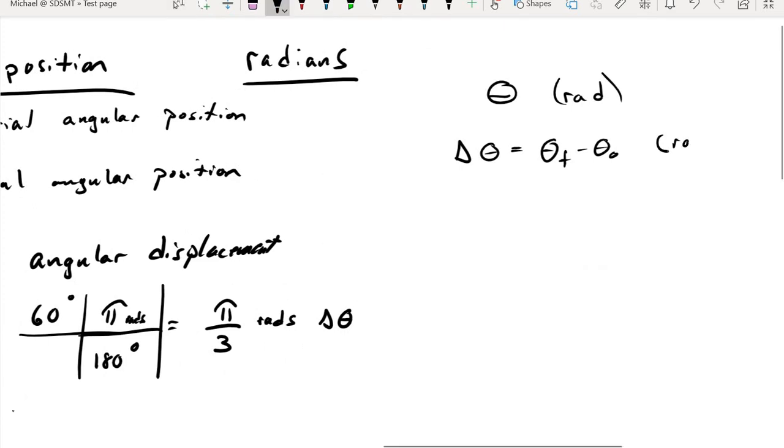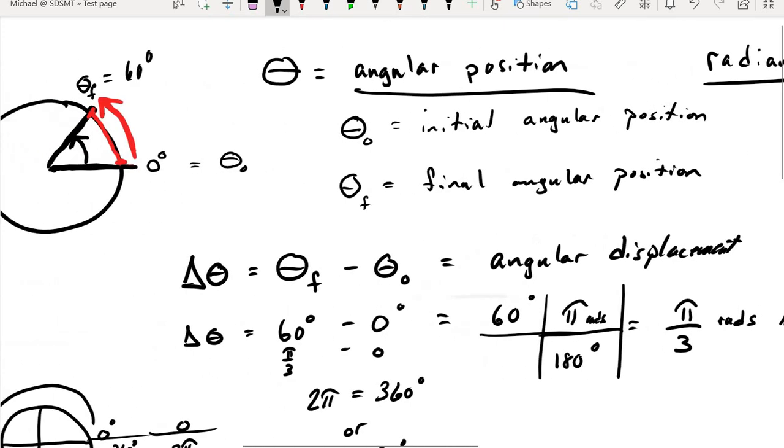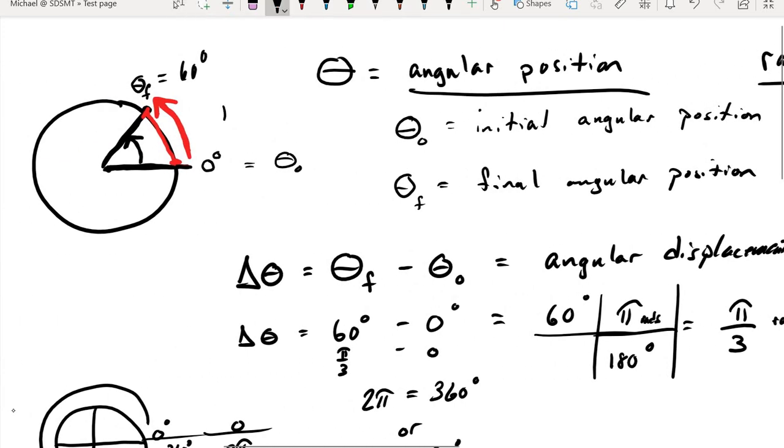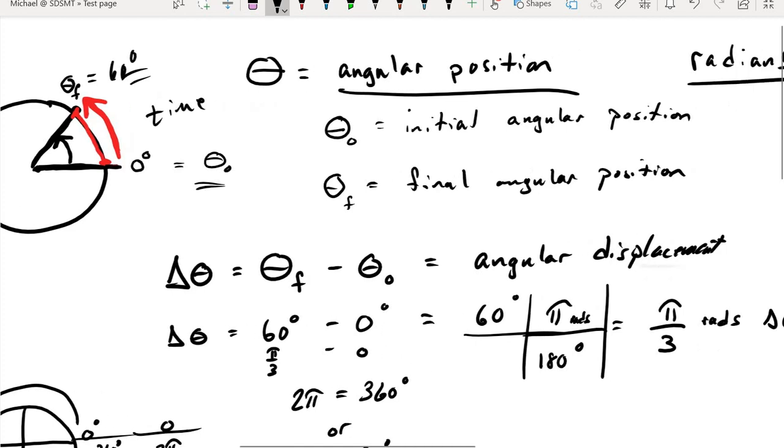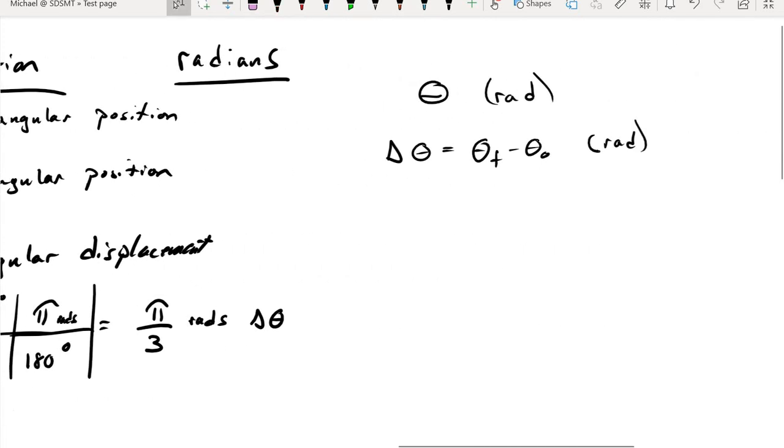And so that is also going to be measured in radians. But next we want to know how much time is this going to take? How long does it take to get from the initial to the final angular position? And for that, we will take our angular displacement and we will divide it by a time interval.